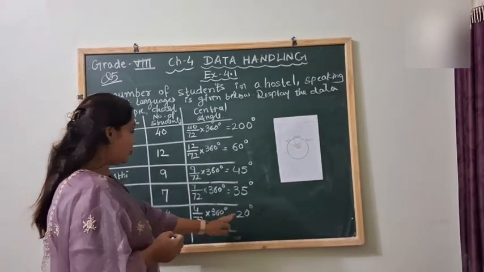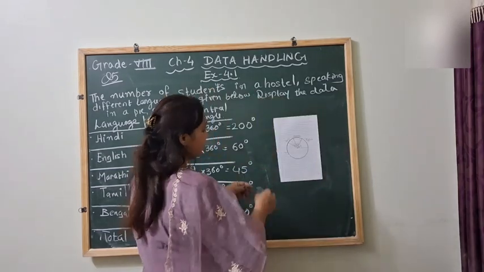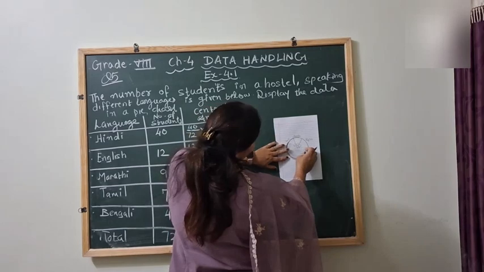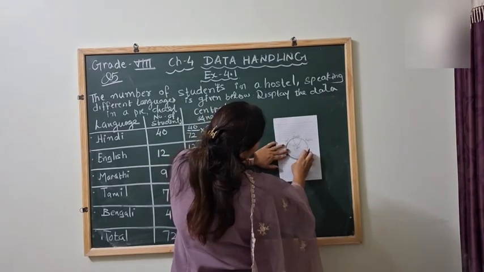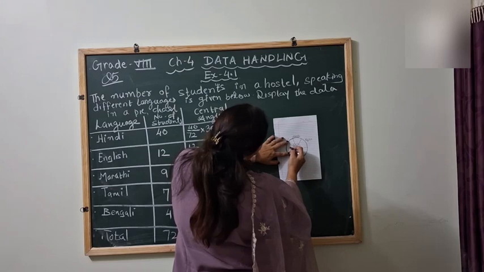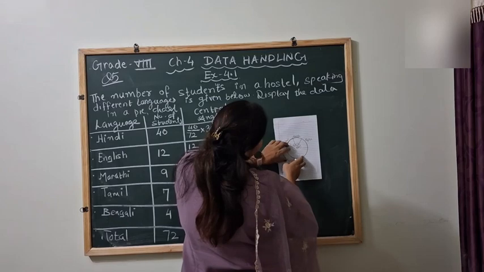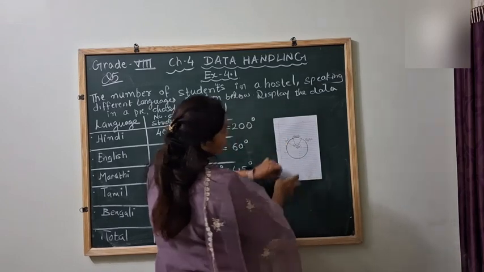Bengali is 20 degrees. Let us take 20 degrees here, students. Very simple. Again, match the center point and the base of the protractor. I have to show 20 degrees. 0, 10 and 20. 20 comes very near, that is here. 20 degrees is ready.